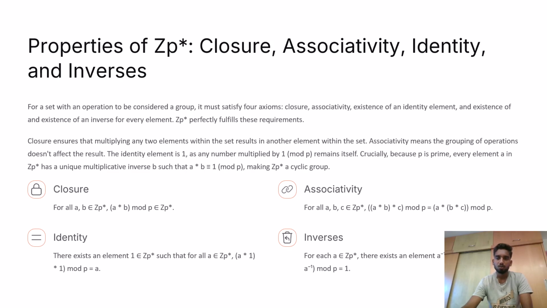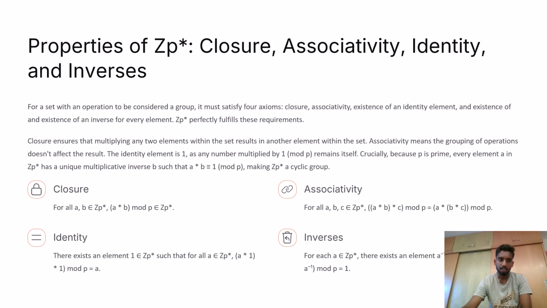Associativity means that the grouping of operations doesn't affect the result. The identity element is one, as any number multiplied by one remains itself. Crucially, because p is prime, every element a in Zp star has an inverse b, such that a times b equals 1. It is a cyclic group.